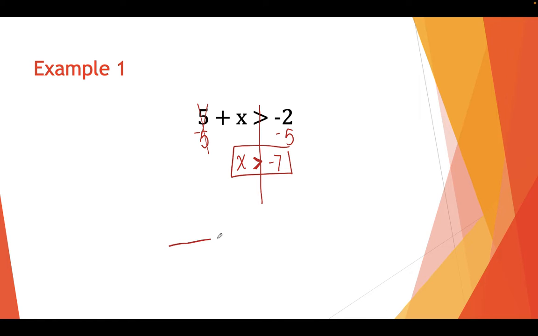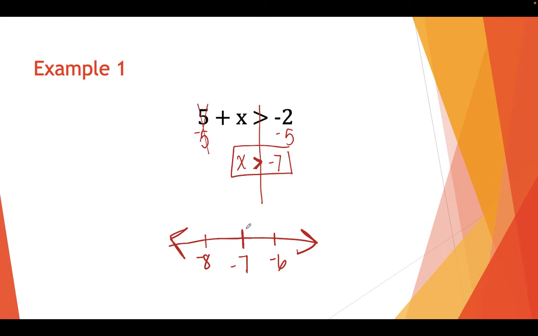We show that by drawing a number line because there is no possible way to write all of those solutions. So we're going to draw a number line, putting your solution in the middle. We're going to put 1 to the right, which is getting closer to 0, so that's a -6. And then we're going to write -8 to the left because that's getting smaller.